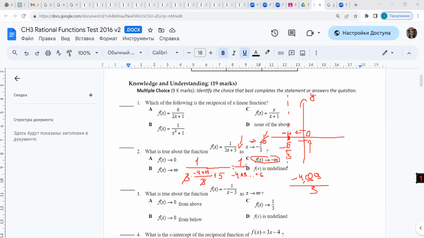So we're going to get some small positive value, like 1 over 0.000, etc. 1. So the result of dividing 1 by an incredibly small number, close to 0, would give us positive infinity. If we would have a minus here, it would give us negative infinity. But your answer would be B.